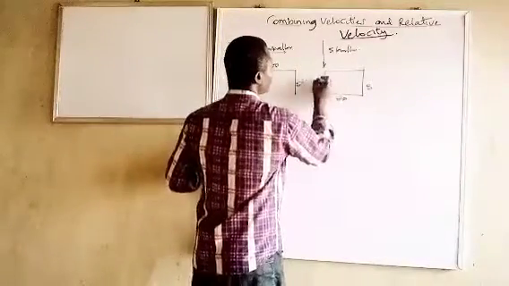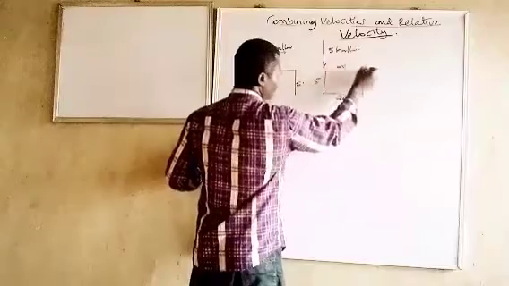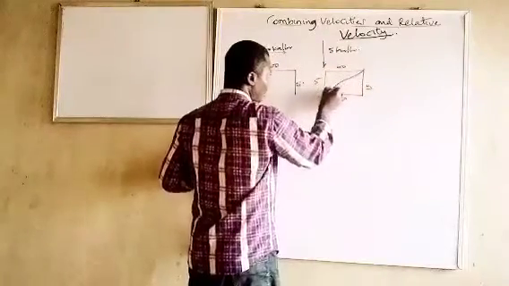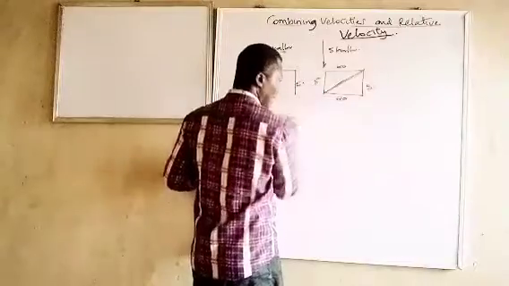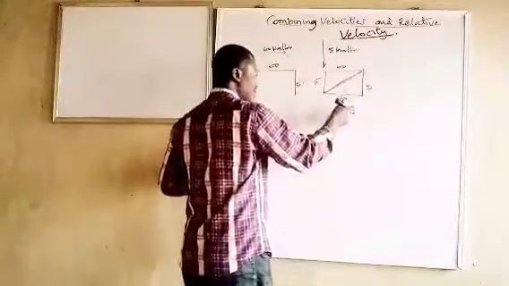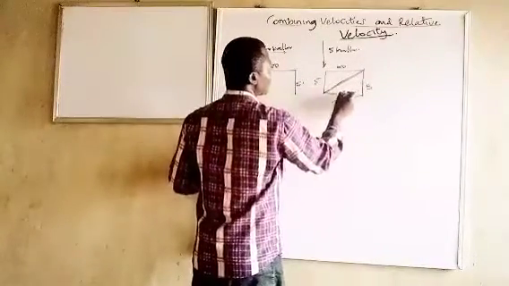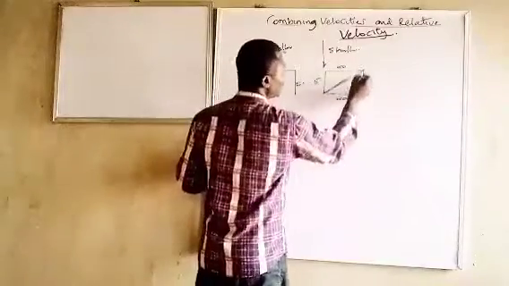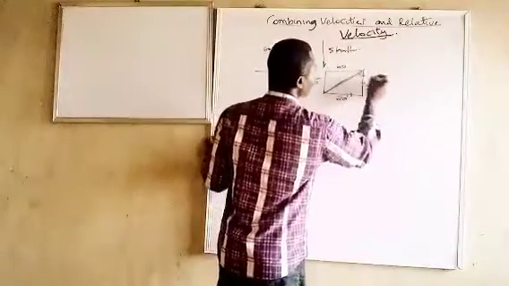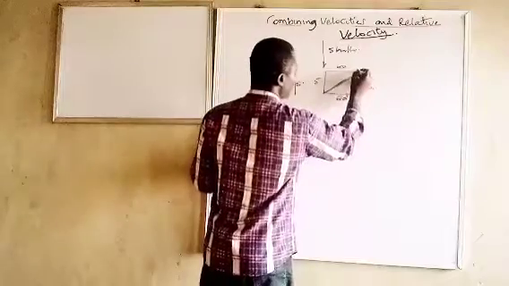And then this is 5, this is 60. This is how it will appear to be dropping, because the train is moving like this and the rain is coming vertically. So this is how it will appear to be dropping to the person in the train. So it's going to be, let me make it like this.